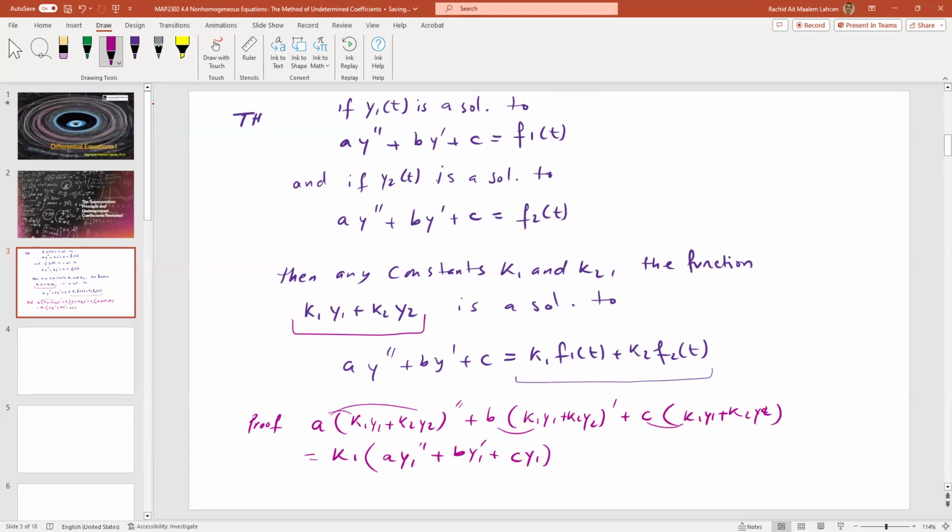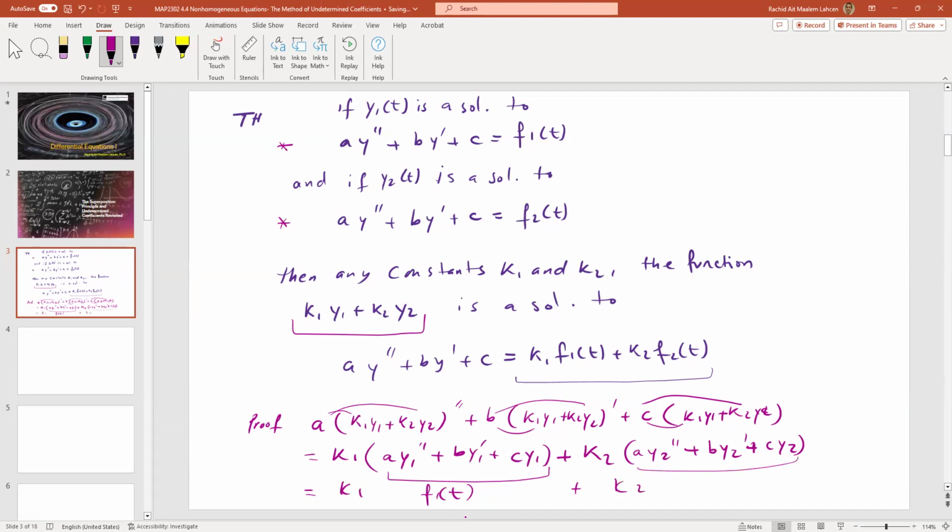Then the same for the terms with k2, and this is the given, and the next one is the given. So the proof is straightforward.